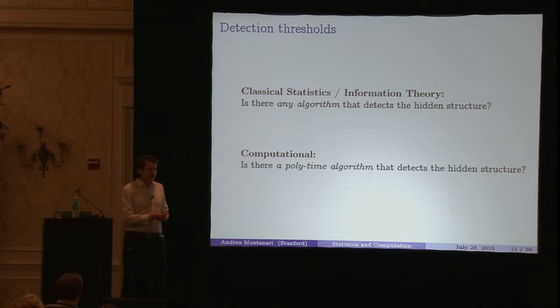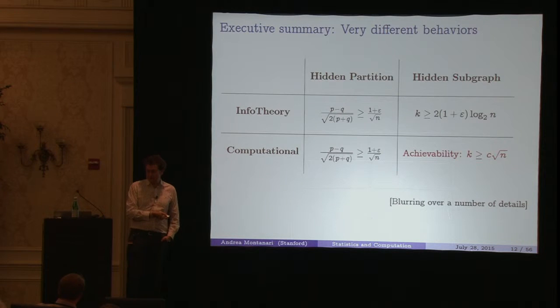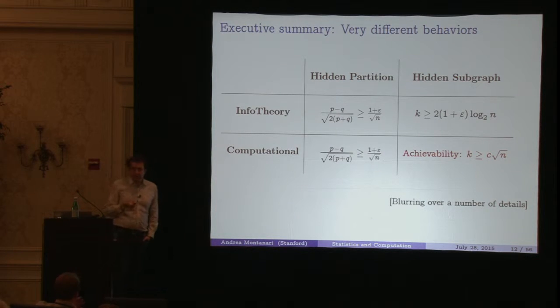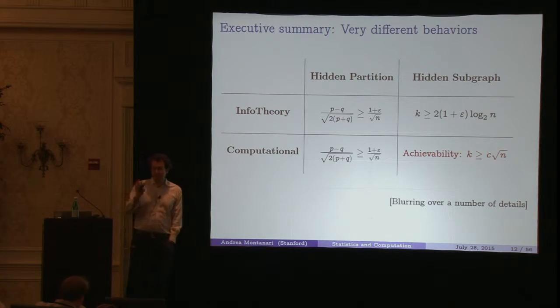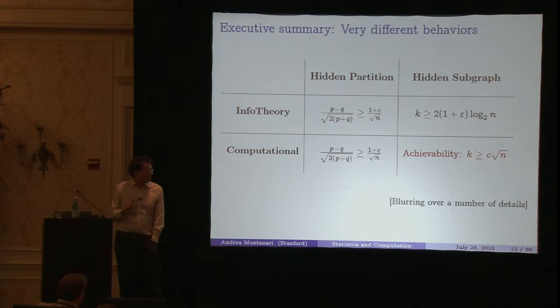And then there is a computational question: is there a polynomial time algorithm that can find this partition with high probability? If you have a polynomial time algorithm, of course, you have an algorithm, but vice versa is not true. So this is the executive summary, one slide. So now you can go away after this. And this is the picture, blurring over many details.